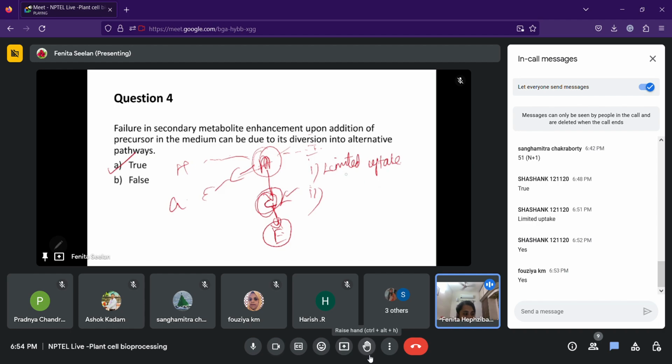So the answer would be, like Shashank said, you can limit the uptake by providing less in the media so that it won't concentrate too much on the side pathways which don't have much importance, or you can select another suitable precursor which doesn't have much metabolic energy load on it, so that it can divert its pathway directly into the end product which you need.